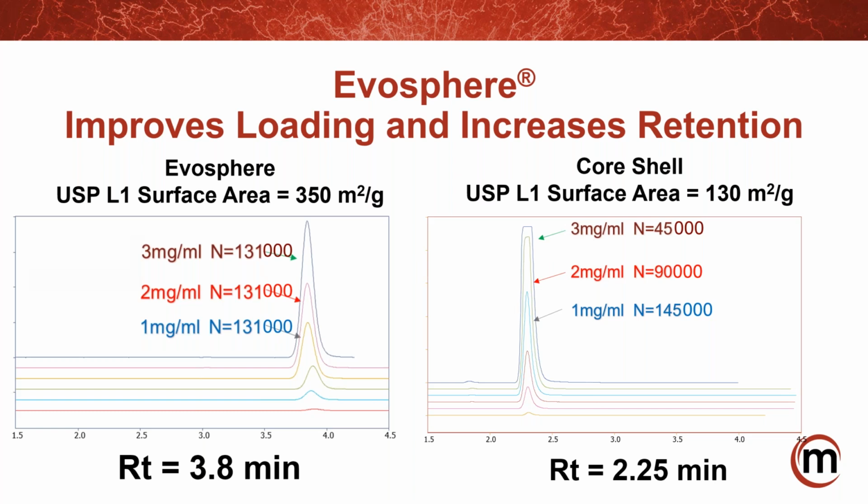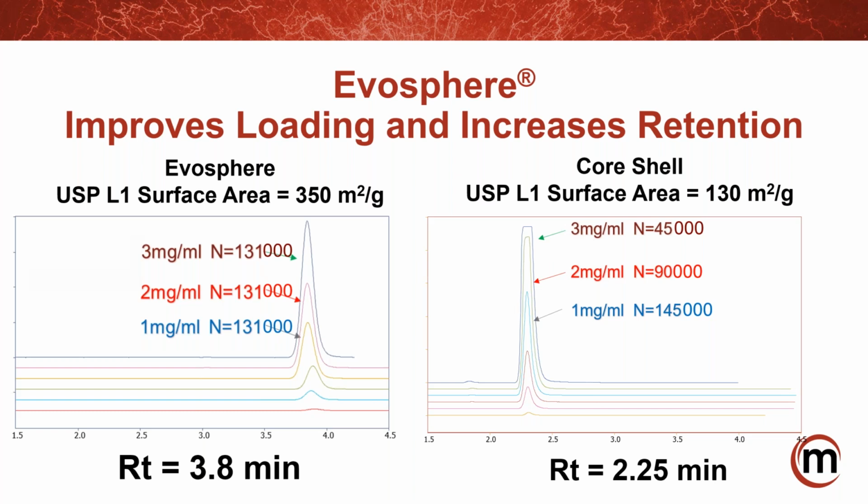And then secondarily, what I was talking about previously is this loading benefit. A lot of times in drug product and drug substance, you're seeing very small impurities that are next to a big, major API. And in order to see them, you have to keep loading more and more onto the analytical column.